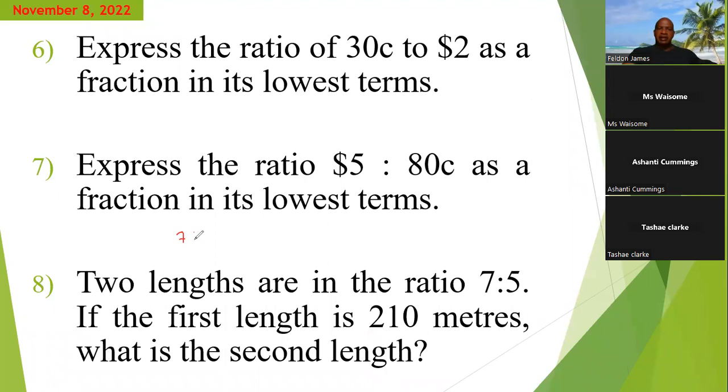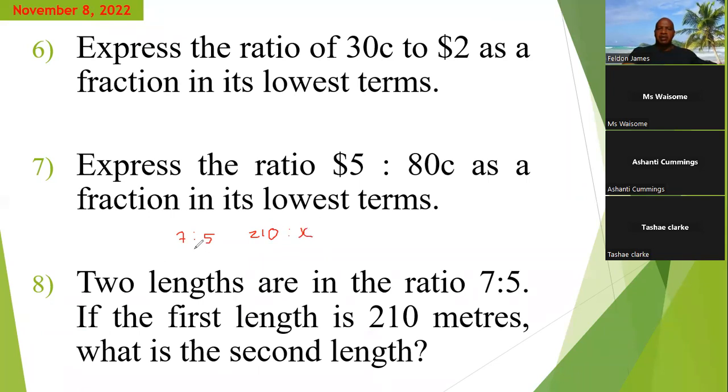So you write the 7 to 5, and then the lengths that you're sharing would be in the same ratio. So you would have, sorry, you're supposed to have 210 to X.